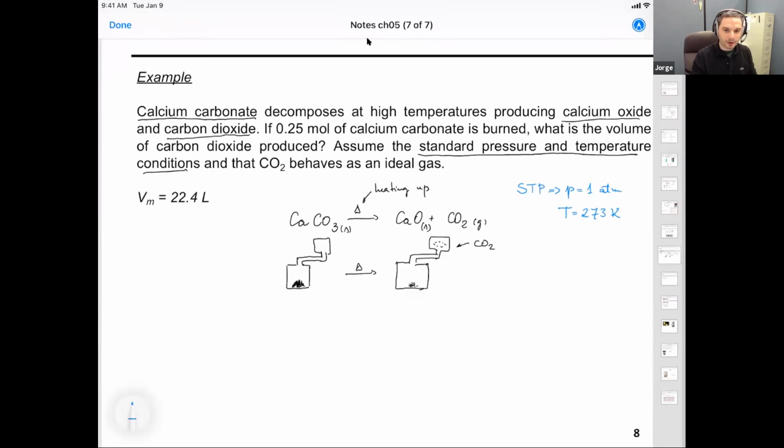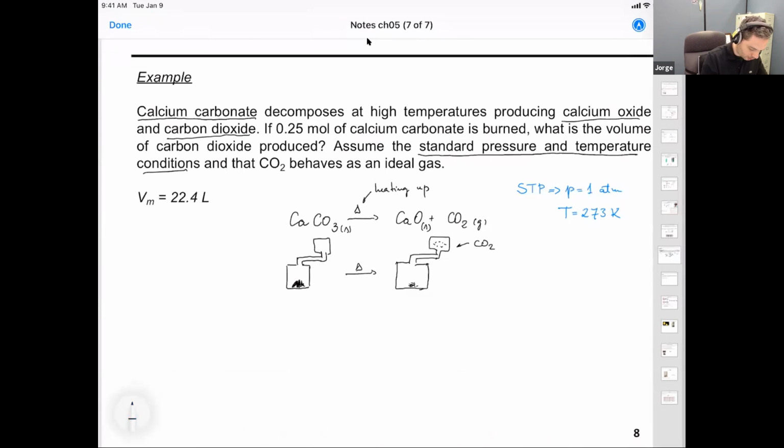Here, there are two ways to solve the problem. Both ways will need the number of moles of the gas. So that's going to be the first step in solving the problem. So again, we go back to a stoichiometry problem.